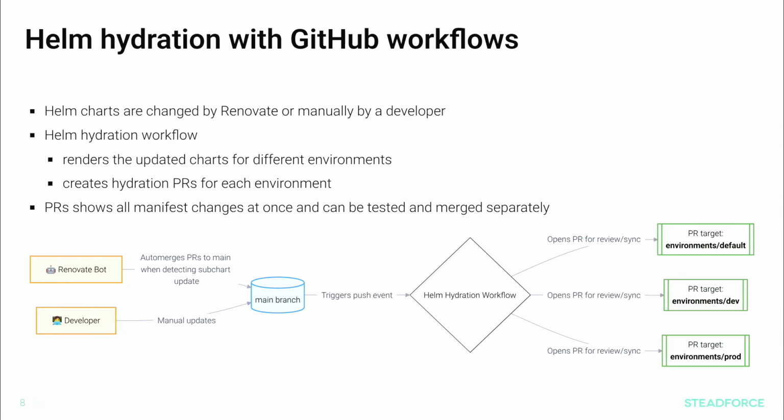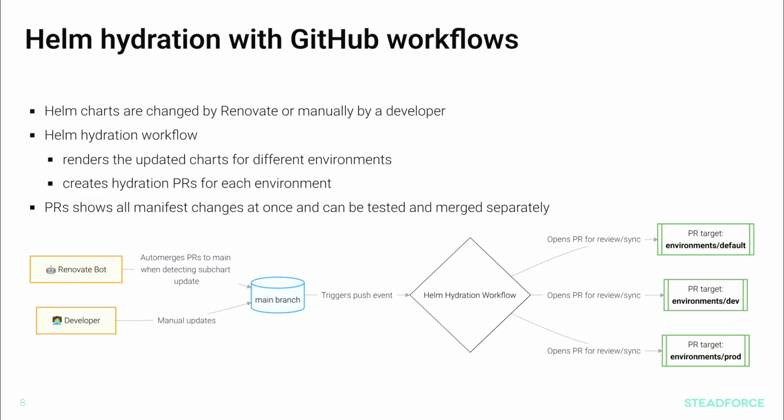So what we do in this case, and we will briefly go over it, we can show this tomorrow in our workshop, where we can also give more insights on how we actually use it. But the general plan is you have an update of a Helm chart by, for example, Renovate or by a developer, and then you have a Helm hydration workflow, a Helm hydration pipeline, which renders the actual charts for the different environments and creates pull requests for each and every environment separately.